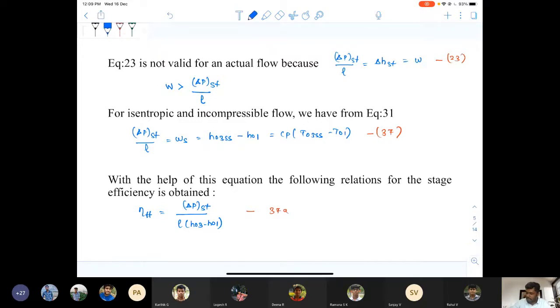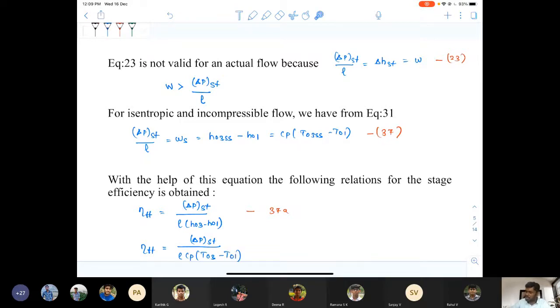In the same way, you can also write eta TT is equal to delta P at the stage divided by rho into Cp times the temperature difference, which is T03 minus T01.